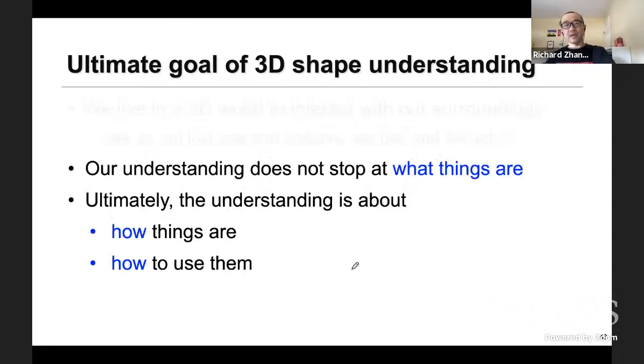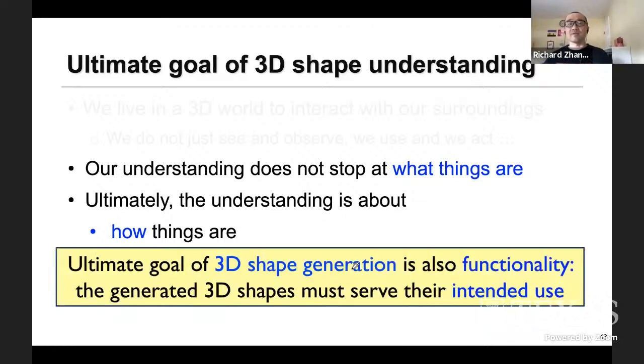Now, our understanding certainly doesn't stop at labeling, classification, or categorization. We don't just post post-it notes on the objects and that's it. We actually need to understand how things are and how to use them, how to interact with them. So this is from the understanding perspective. I'd also argue that from the generative perspective, the goal is also functionality, right?